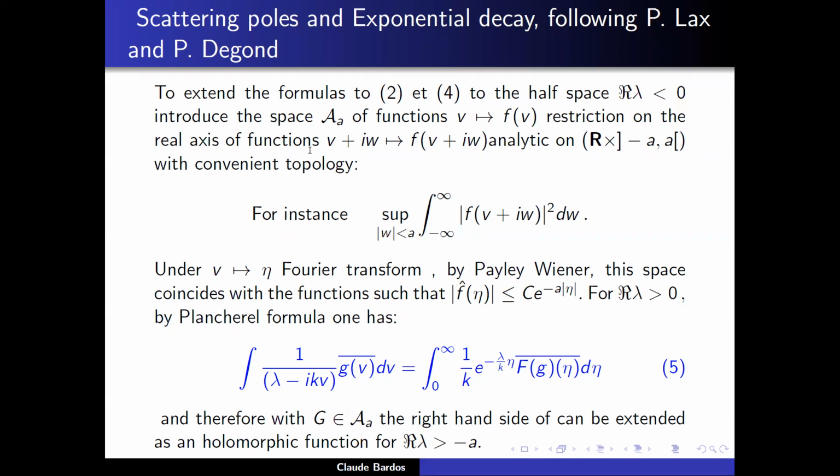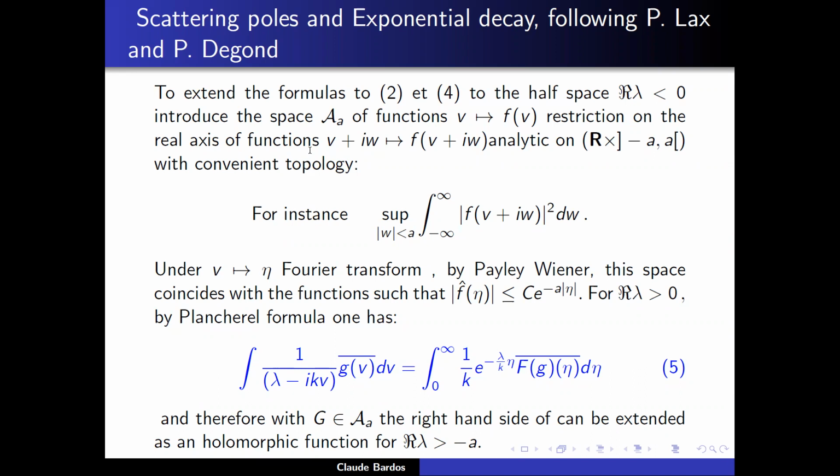I complete the picture now at the pole. You have a function which is defined for real lambda positive. You use the fact that you want to extend that for a G that will decay exponentially in Fourier transform in eta. That means that as a function of V, it's analytic in a region from minus a.